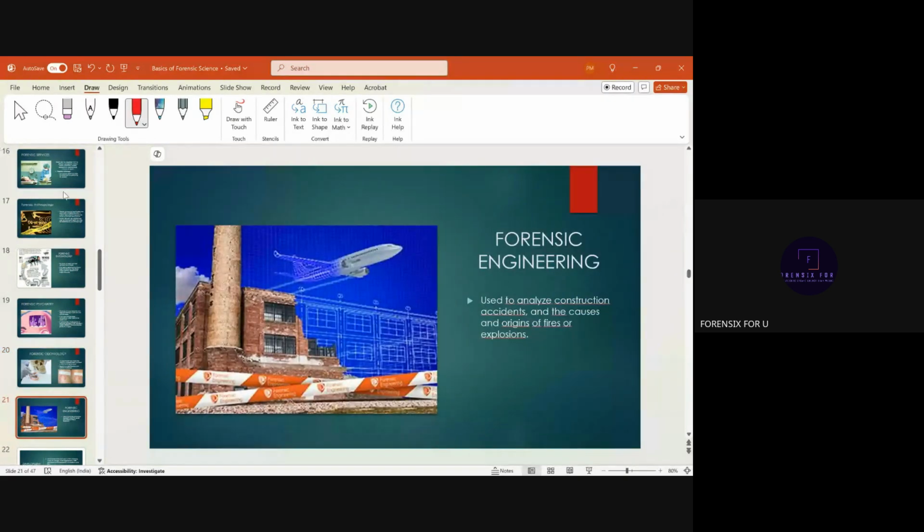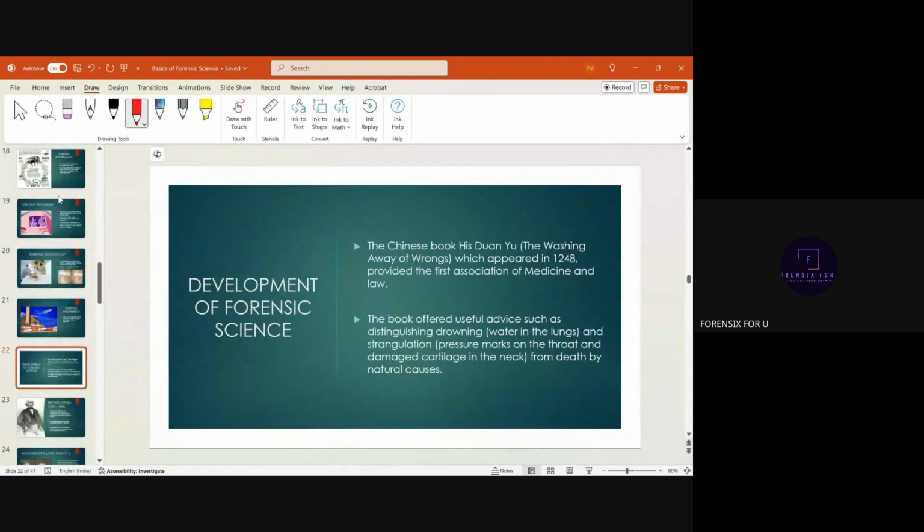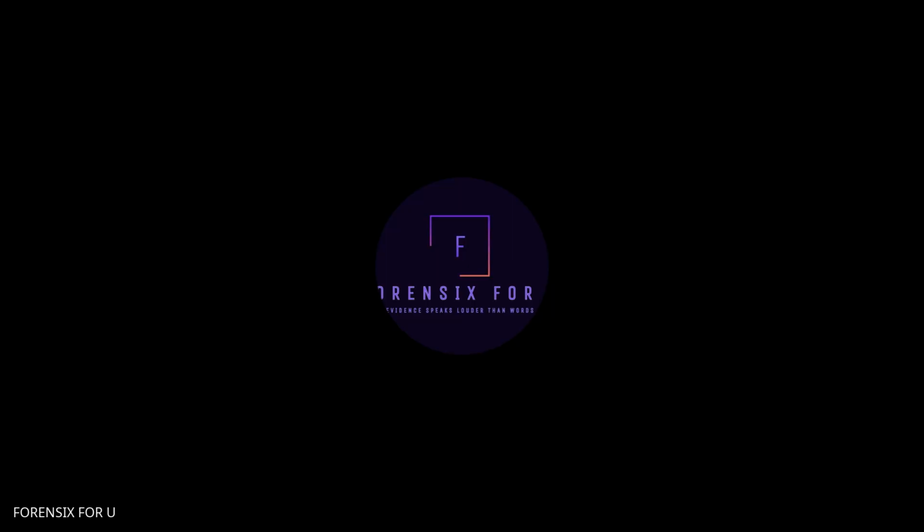Forensic engineering is also an upcoming field, where you analyze construction accidents and the causes and origins of explosions and fires in any civil setup. So, the basics of forensic science are done here.